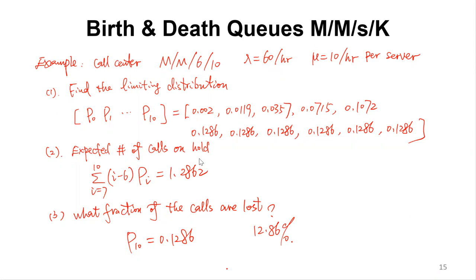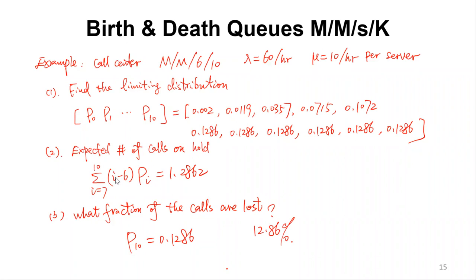So what is the expected number of calls on hold? Because you only have 6 servers, when it comes to 7, the 6 are in service. When the 7th comes, customers 7 to 10 will be on hold until somebody finishes service, and then they will be able to enter service.